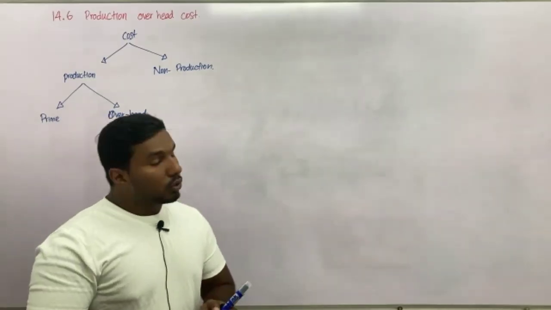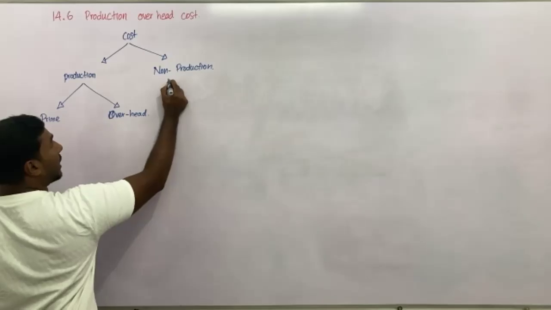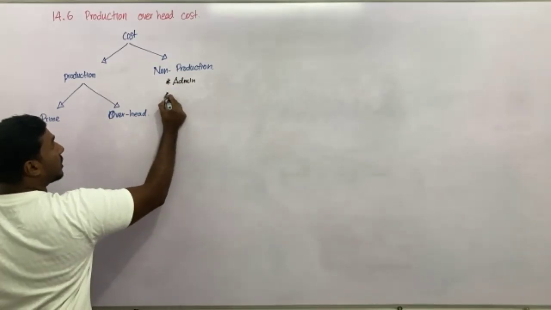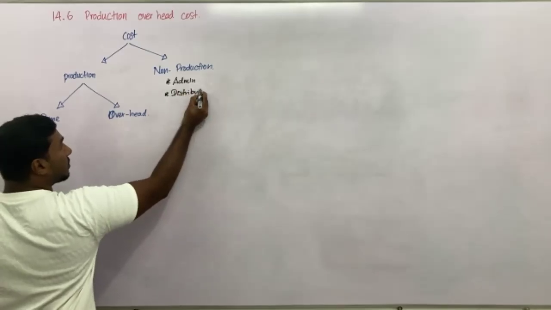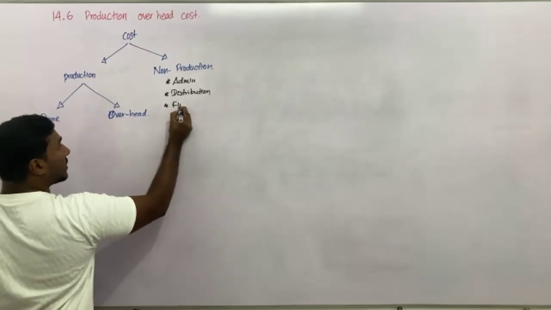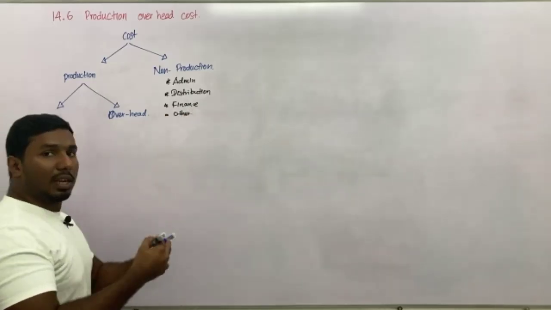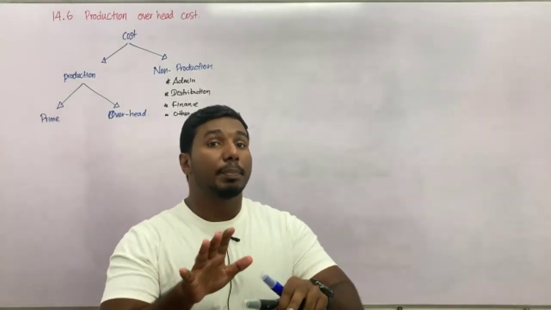For the non-production cost, we can categorize it as administration cost, distribution cost, finance, and other. These things are known as non-production costs. These costs do not involve the production process.